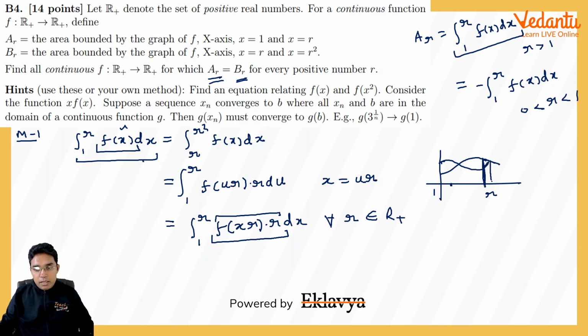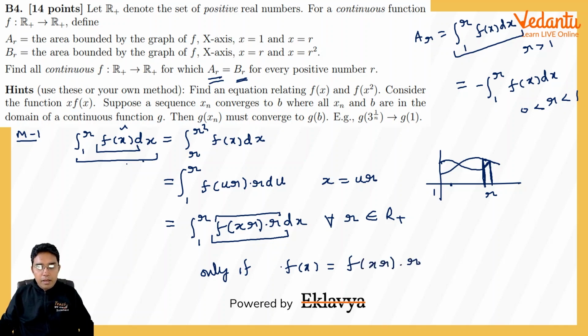So the differential area that is added when I change r to, let us say, r plus delta r, these two will not become the same. So these two become the same for all r that belongs to R plus only if f(x) is equal to f(xr) into r.